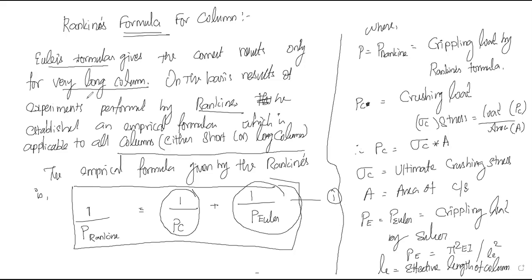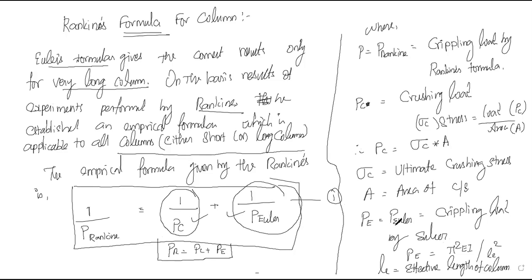Now consider one thing, okay? In this formula, 1 by PC is available plus 1 by P Euler is available, which is nothing but P Rankine is equal to PC plus PE. So it depends upon short column failure load and long column failure load. Just think about it. If it is a short column, the sigma C value is constant.